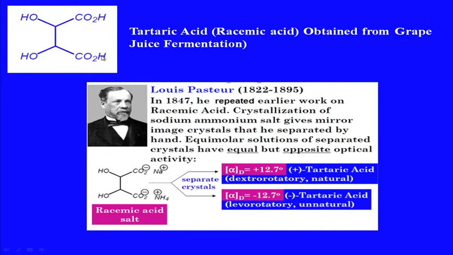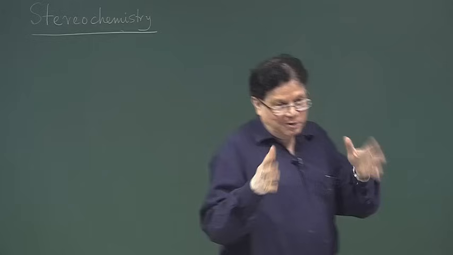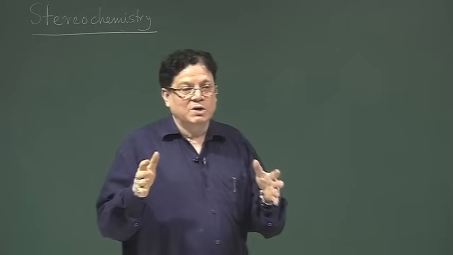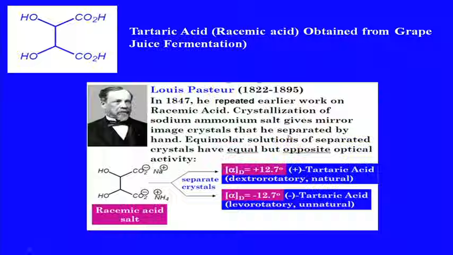So, it is a sodium ammonium salt, and then he crystallized it, and what he noticed was that two kinds of crystals were obtained. Using a microscope he could separate these two kinds of crystals, and he found that one set of crystals is the perfect mirror image of the other. Then with these separated crystals he analyzed what the effect is on plane polarized light when it passes through them, with the crystals in solution.